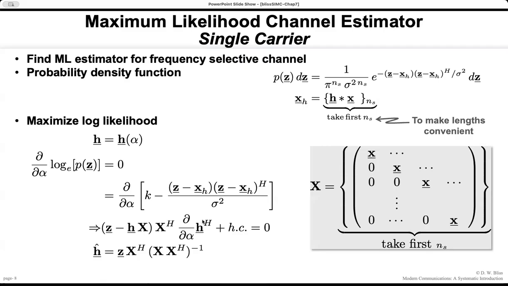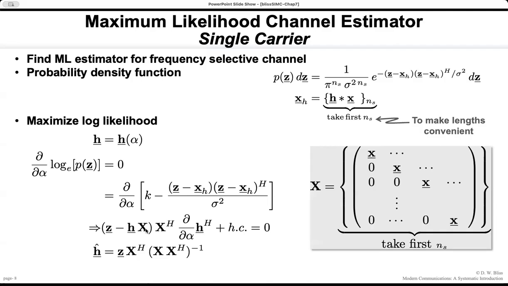Now, we never defined what the relationship was between h and alpha. We just said h is some function of alpha, and we never will actually define it. What we're going to say is that if I can get the first term, the term multiplying the derivative of h Hermitian conjugate with respect to alpha, and set it to zero, then everything is going to go to zero.